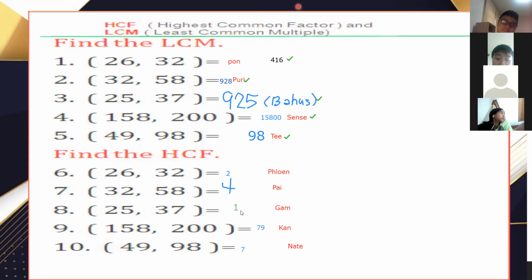No, only for the 1. Number 9, 79. Is this correct?